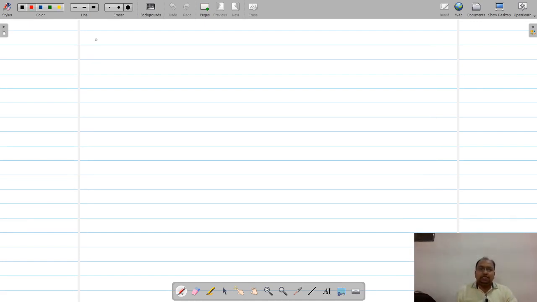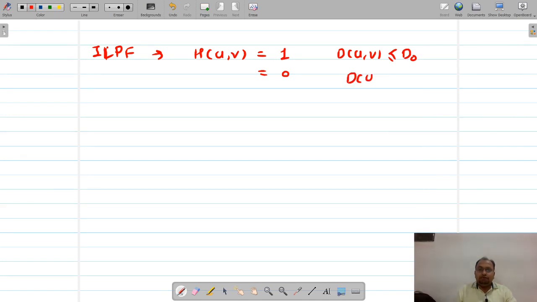Okay, so we had a discussion about low pass filtering and high pass filtering. In the case of the ideal low pass filter, ideal LPF, let us say we have H of (u,v). It is equal to 1 if D of (u,v) is less than or equal to D naught, and 0 if D of (u,v) is greater than D naught, where D naught is nothing but my radius, the radius of a particular circle.